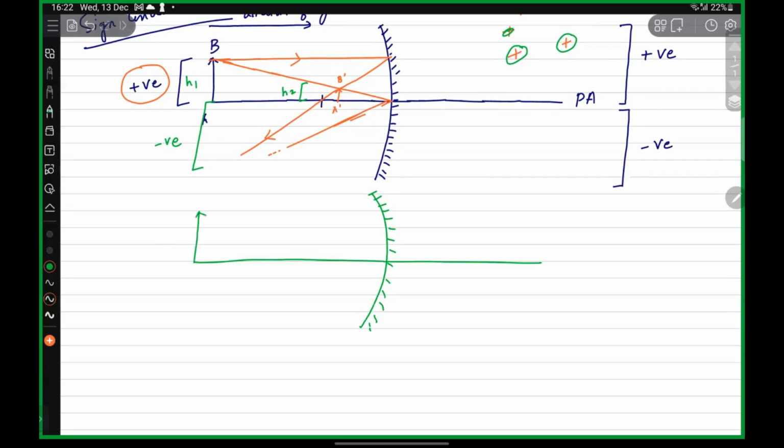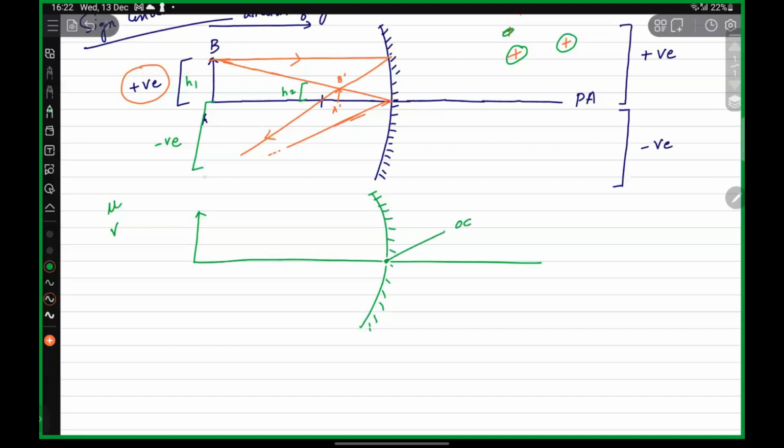Now, there is also a term called the object distance. We generally represent it using the alphabet U, not new. This is U, okay? It is not new. And there is another term called image distance, which we represent using V, okay? And these distances are measured from the optical center.